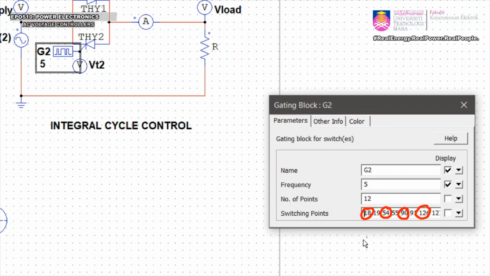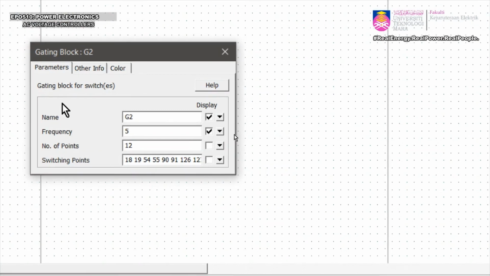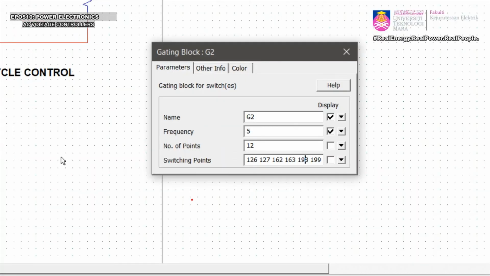I think I've made a mistake in the explanation. So it's 18, 54, 90, 126, and then what else? 162, and finally 198. So this is the pulse to your thyristor 2.